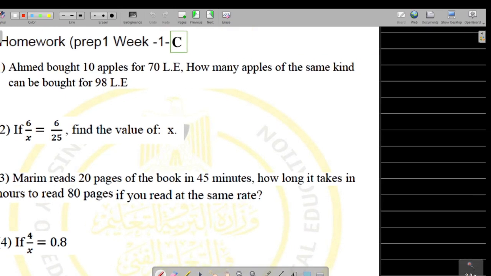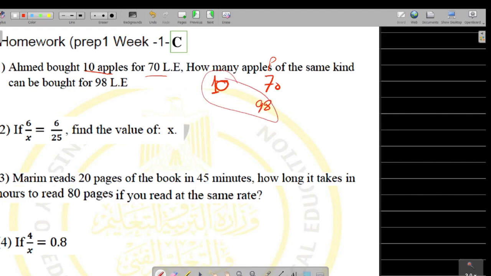Ahmed bought 10 apples for 70 pounds. I will put 10. The number of apples is 10 apples for 70 pounds. How many apples of the same kind can be bought for 98 pounds?